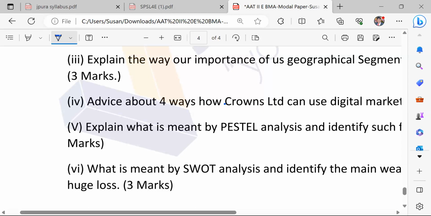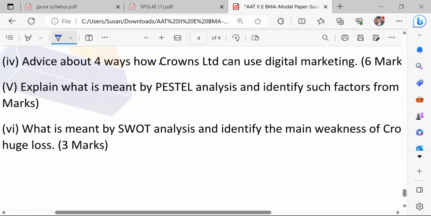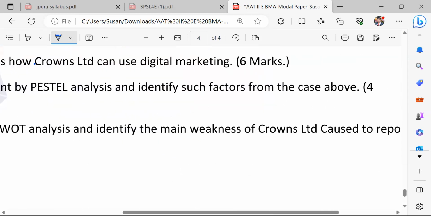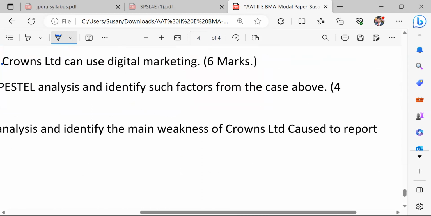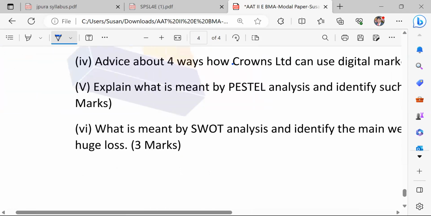What is meant by SWOT analysis? And identify the main weakness of Crowns Limited that caused it to report a huge loss, right? What is meant by SWOT? SWOT is analyzing the internal and external environment. S and W stand for strengths and weaknesses, which scan the internal environment. O and T stand for opportunities and threats, which analyze the external environment.